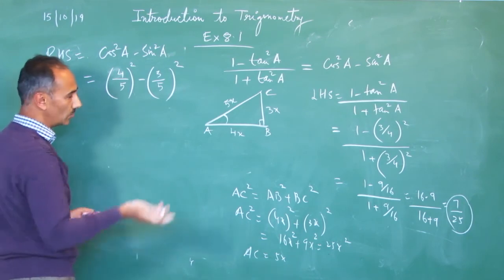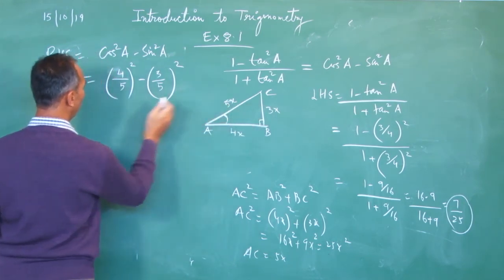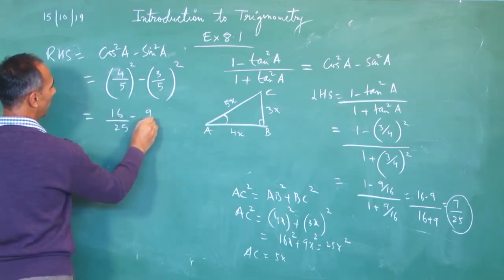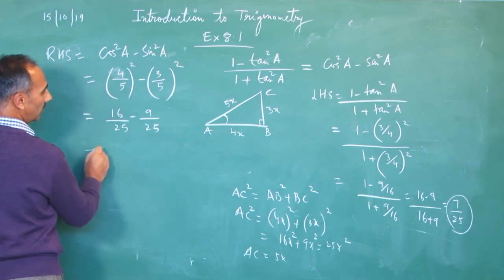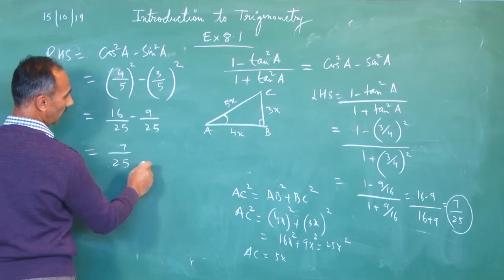The x will cancel out, so I haven't taken that. Squared, this is 16 by 25 minus 9 by 25. 16 minus 9 is 7 by 25. So this is your right hand side.